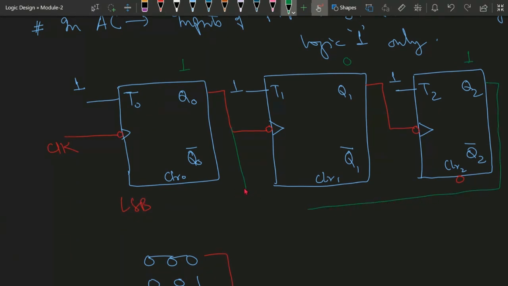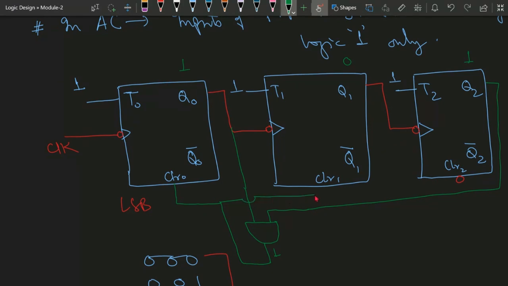These two will be combined together into an AND gate. When both are 1, 1, the output will be 1. Now this 1 will be applied to the clear pin.